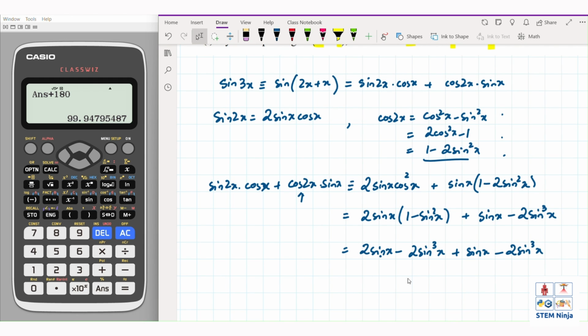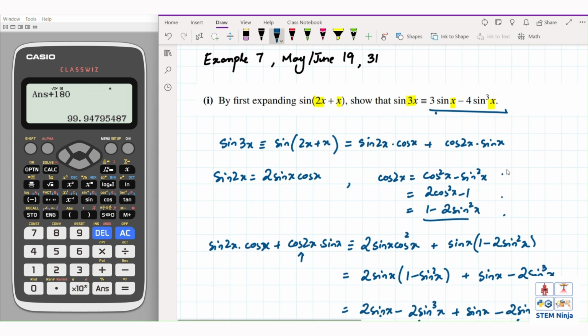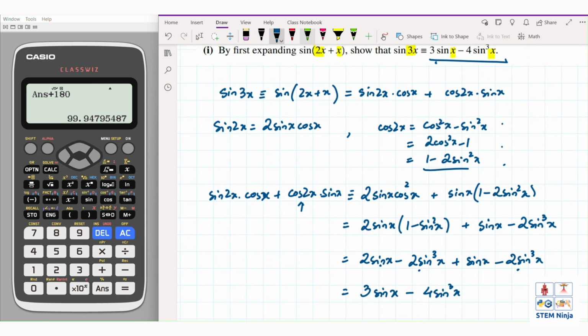So the sine x terms can be added and will make 3 sine x, and minus 2 sine cubed and minus 2 sine cubed make minus 4 sine cubed of x. Now let's see if this is the same thing that they wanted. Yes, exactly as what they wanted. So over here, we used two expansions. We used the double angle identity for sine also and for the cosine also.